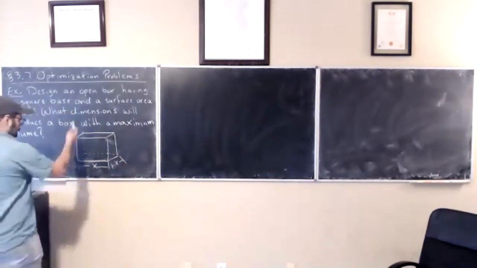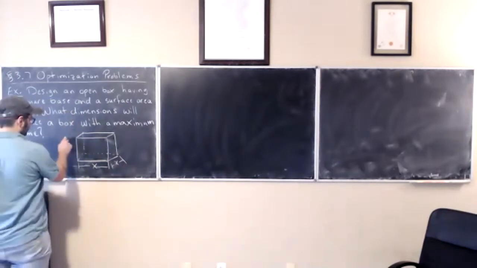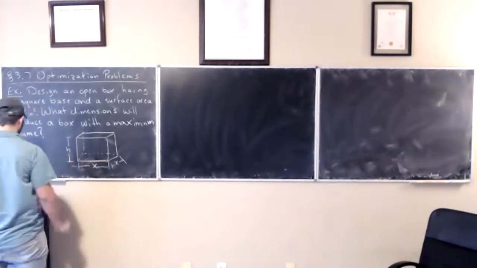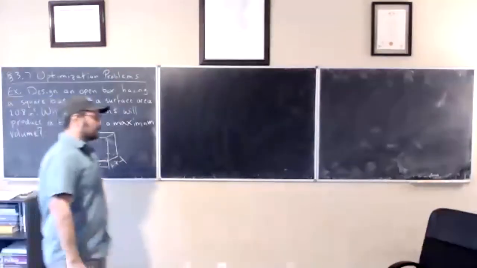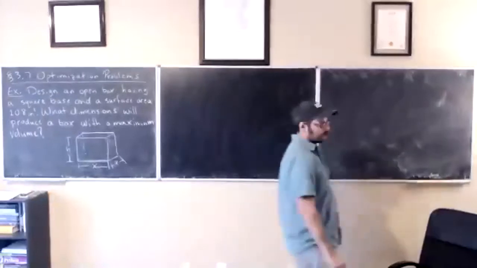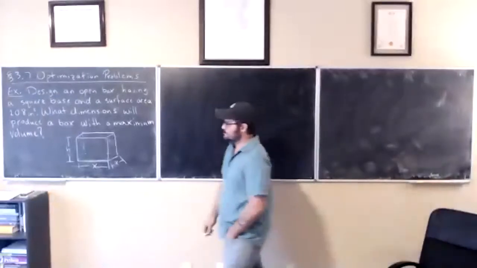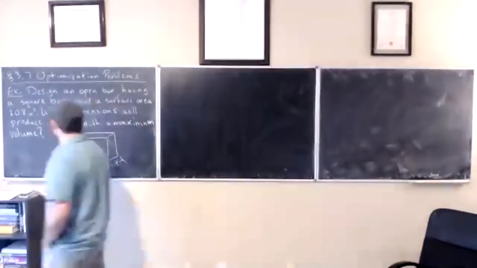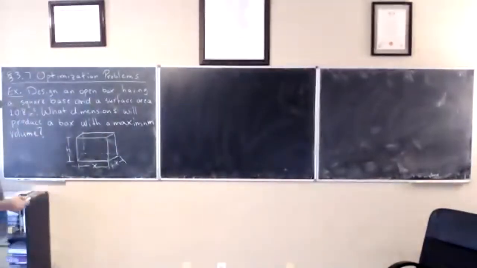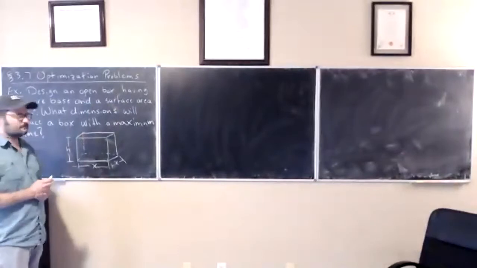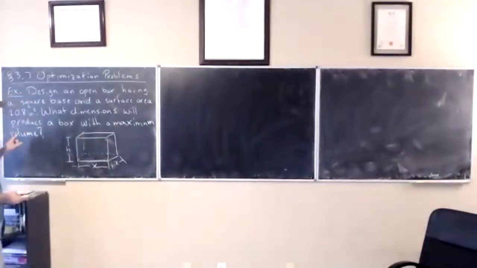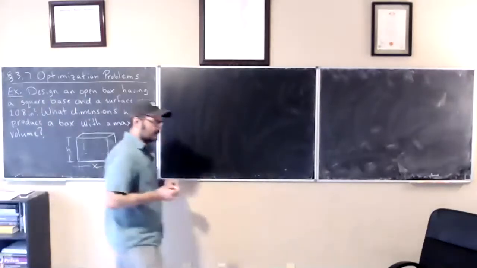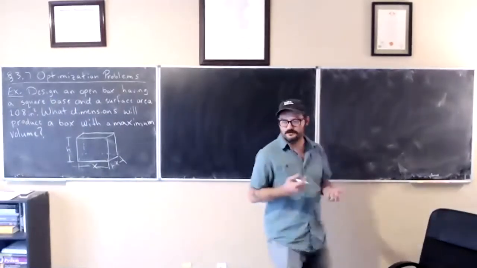And then the only other dimension we have to worry about is the height. Call it H. Okay. So now we want to pick values for X and H that will maximize the volume of this box. But we have a constraint that we can only have a surface area of 108 square inches.